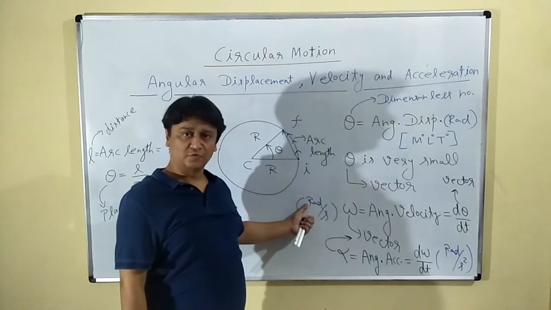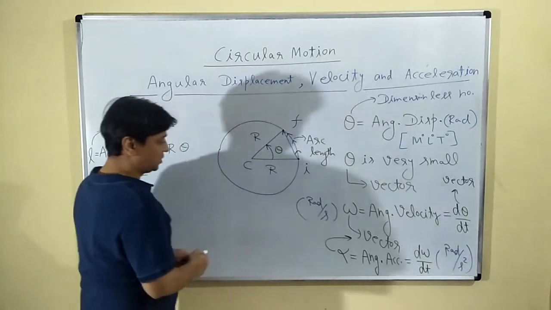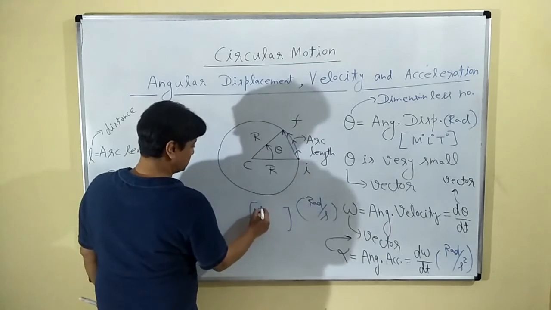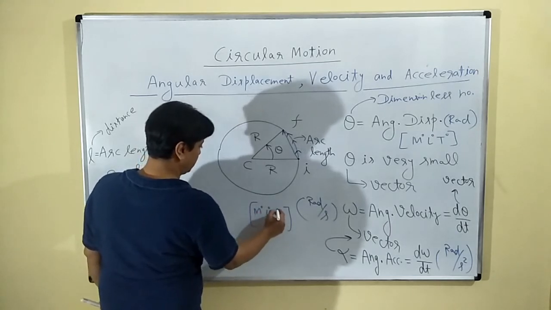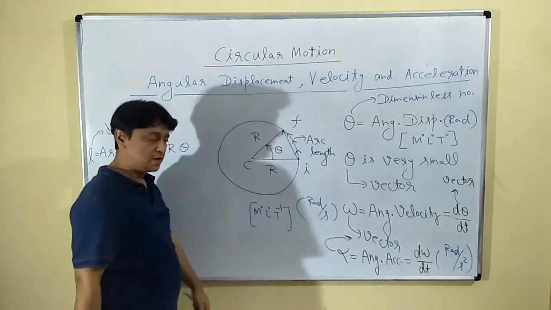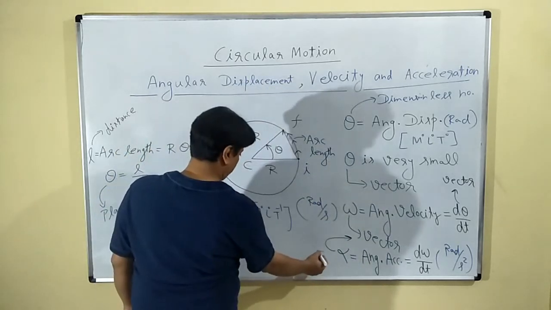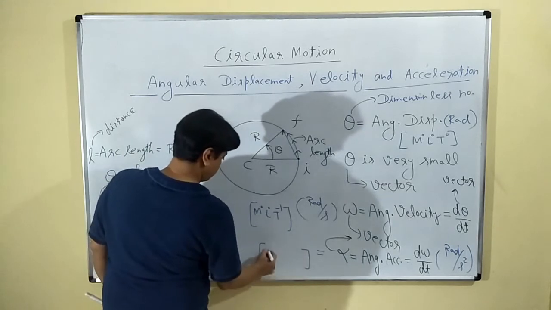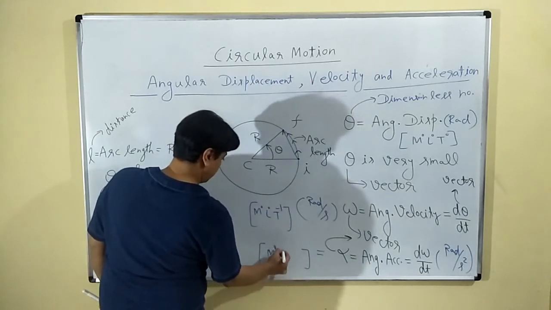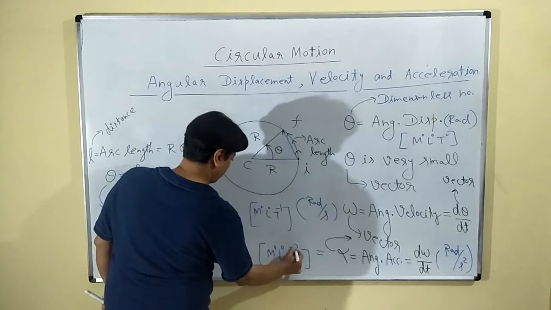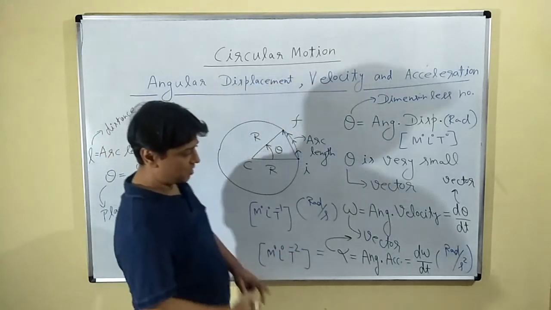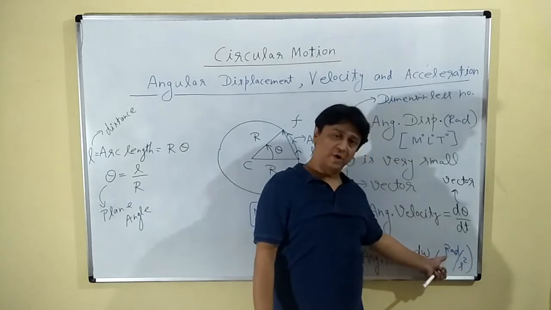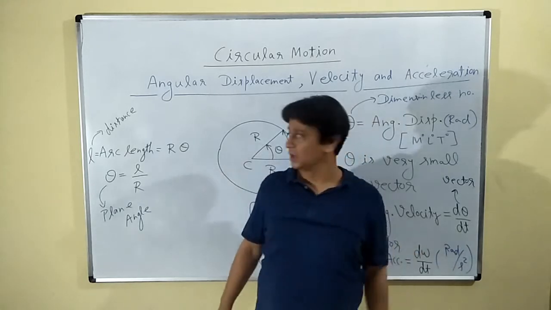There is no dimensional formula with radians, and therefore dimensional formula will be simply m0 l0 t to the power minus 1. And the same way you can go for dimensional formula of alpha, which is m0 l0 t to the power minus 2. Why t to the power minus 2? Because of what? Radians per second square. It has no dimensional part.